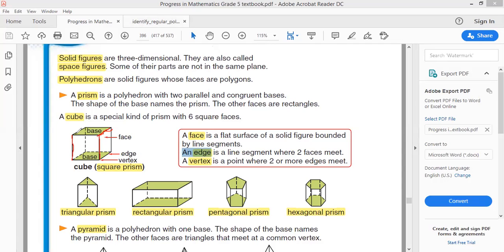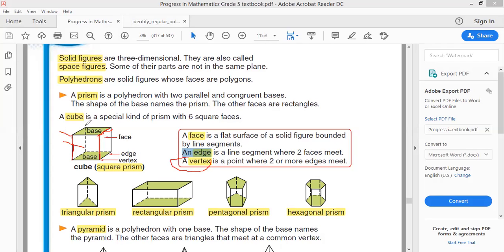Now look at there. First of all, you must know a face. A face is a side. Then edge. An edge is a place where two faces are joined together. Then a vertex. A vertex is a corner, any corner in the figure.